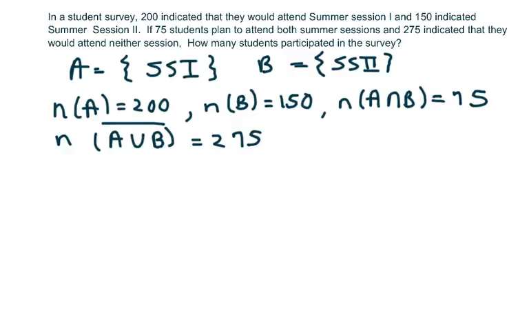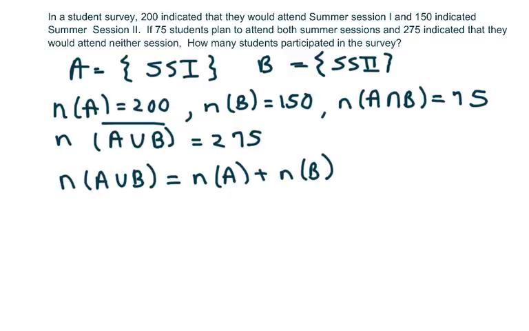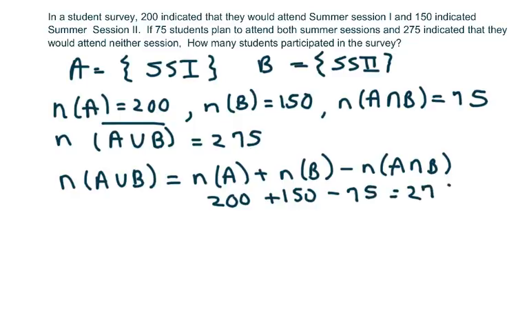So I'm going to use my counting principle formula for sets, and we're going to add the number in A plus the number in B and subtract the common, the ones that are taking both. So that's 200 plus 150 minus 75, which equals 275. So the total number that participated is going to be the universal set.